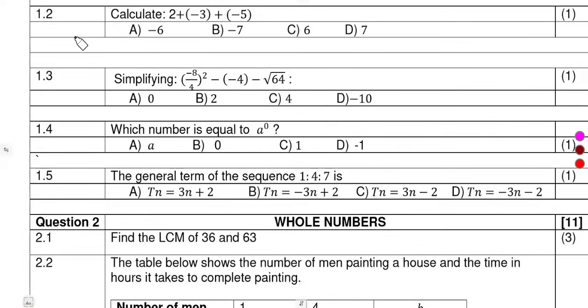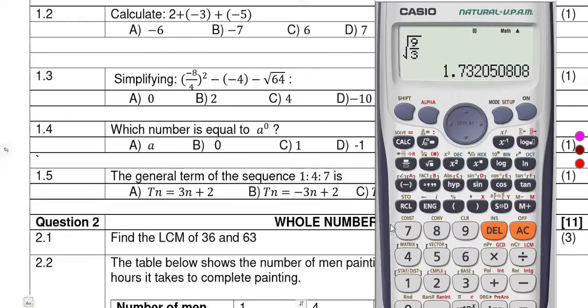Then on 1.2, calculate. Guys, this is multiple choice, so use your calculator because it's also part of your learning to use that calculator. What are we given? That's 2 plus, we have minus 3. This is the minus that we're supposed to use inside the bracket.